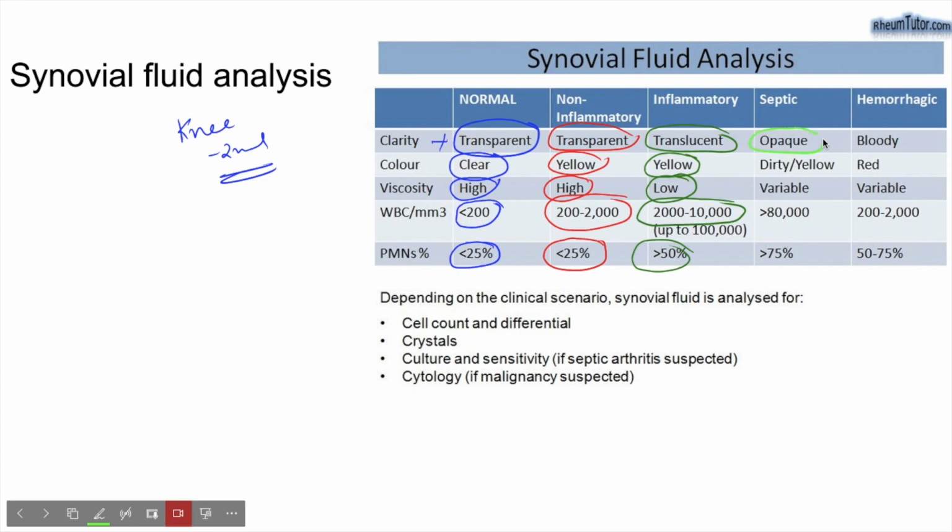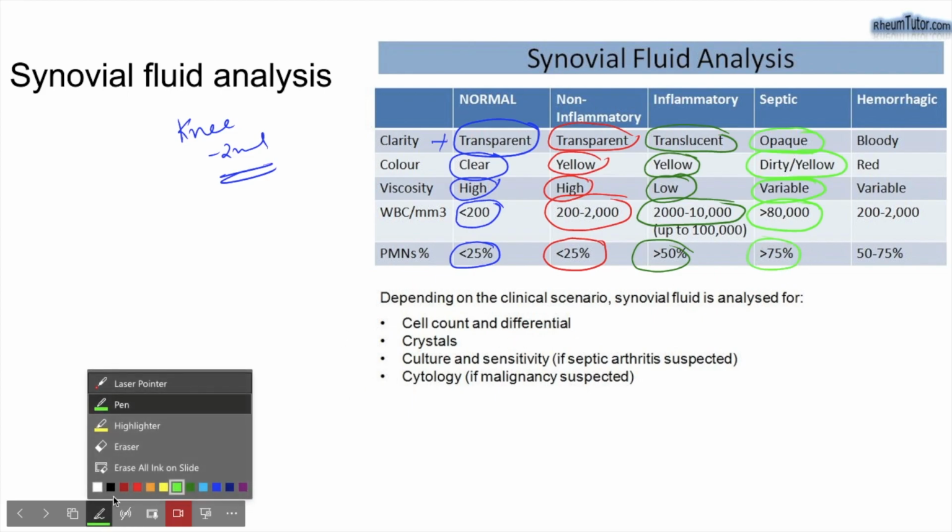In septic arthritis, it is opaque, dirty yellow. The viscosity can be variable depending upon how thick the pus is, and the WBC count is more than 80,000 per cubic millimeter, with polymorphonuclear cells more than 75% of total leukocytes.